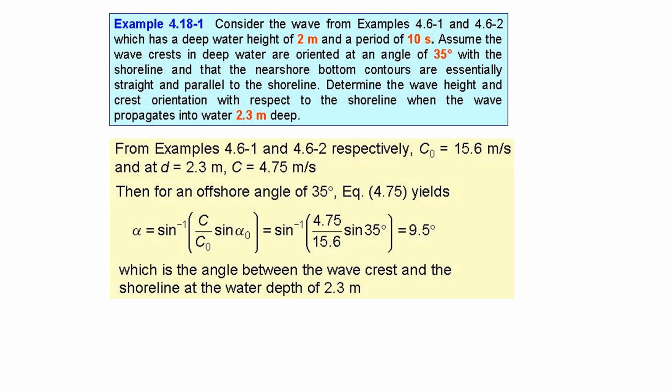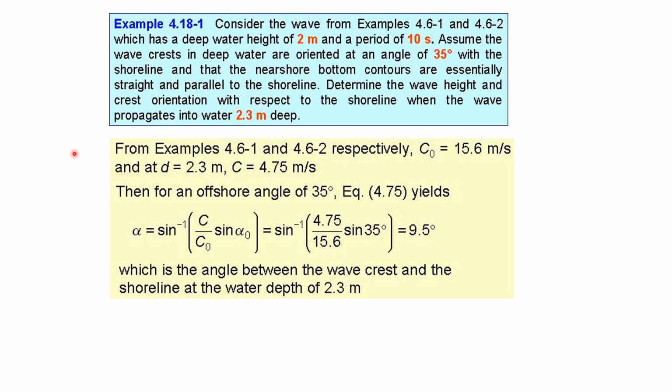Determine the wave height and crest orientation with respect to the shoreline when the wave propagates into water 2.3 meters deep. So again, this example is actually a continuation from our earlier example.